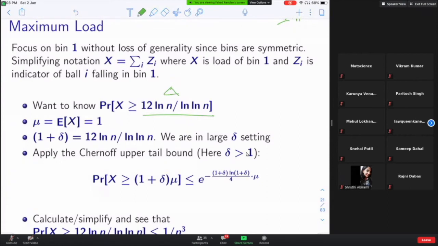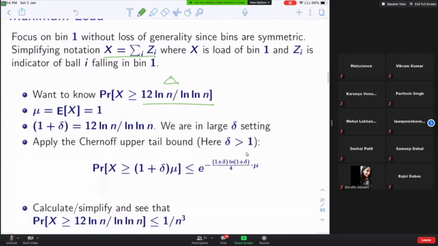So without loss of generality, fix the first bin and let x be the load within that. How do I write x? x is the summation of zi, i going from 1 to n. What is zi? zi equals 1 when the ith ball falls into the first bin.